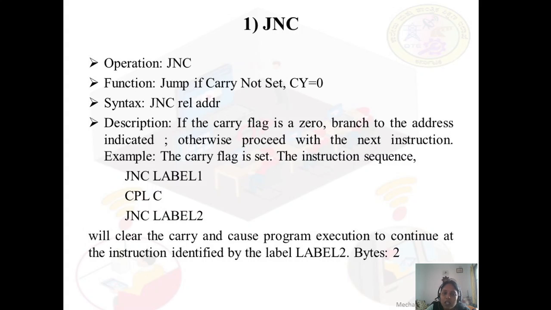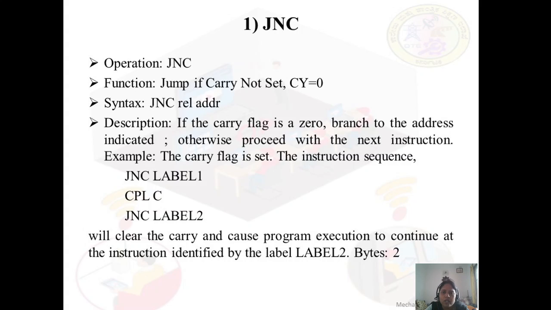Then JNC label 2. If here the carry flag is 0, then it will jump to the address of the label 2. Understood? So it will clear the carry and cause program execution to continue at the instruction identified by the label 2. Understood?